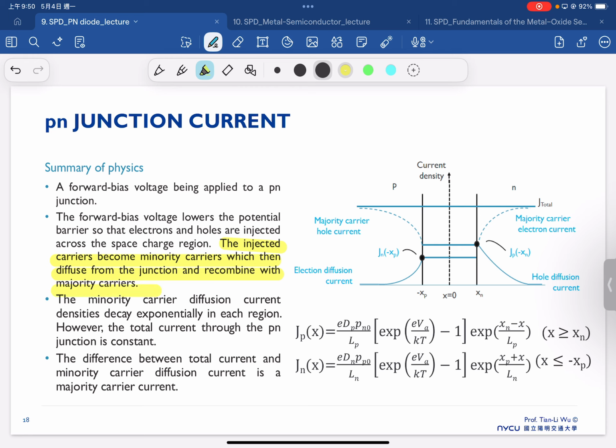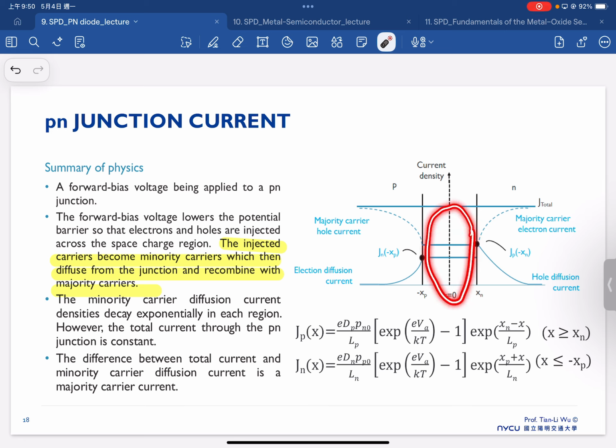So under the forward bias, we will start to see the barrier between the P and N getting lower, and therefore the electron will start to be able to diffuse to the left hand side, and then the hole will start being able to inject to the right hand side.